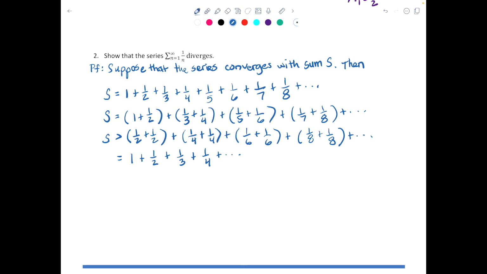But that equals. So that is saying that S would be greater than all this. But isn't that what S equaled? So we have found a contradiction, right?